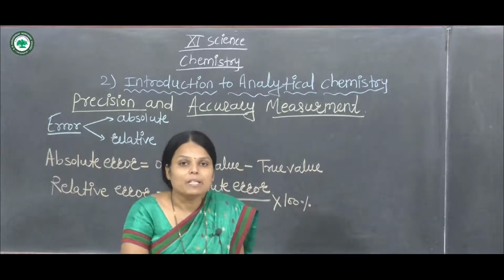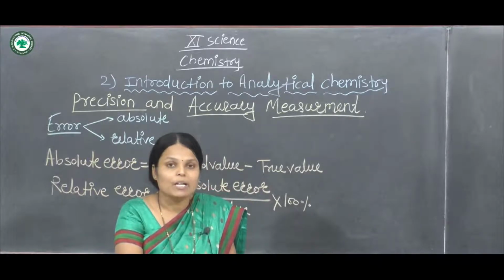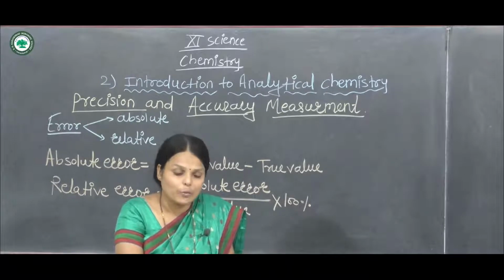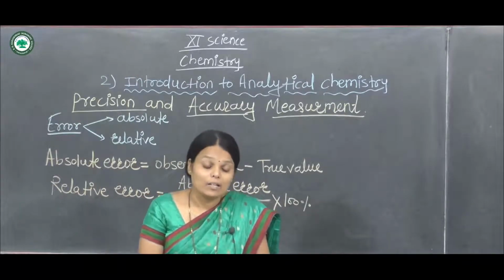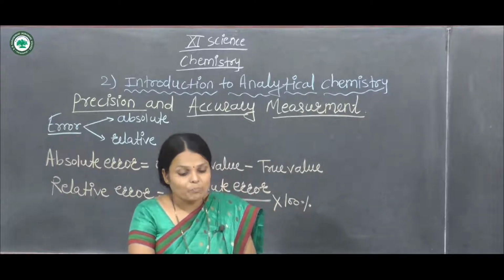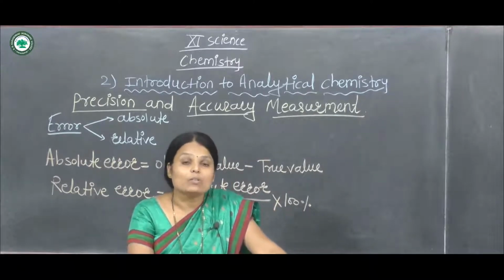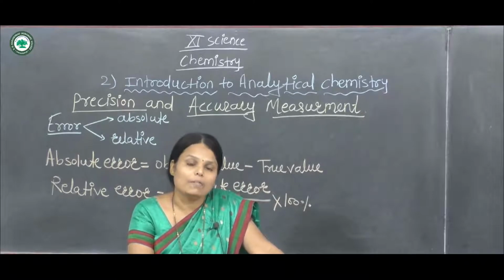Accuracy means the aim of the measurement is to get the actual value. The actual value is also called the true value or accepted value.